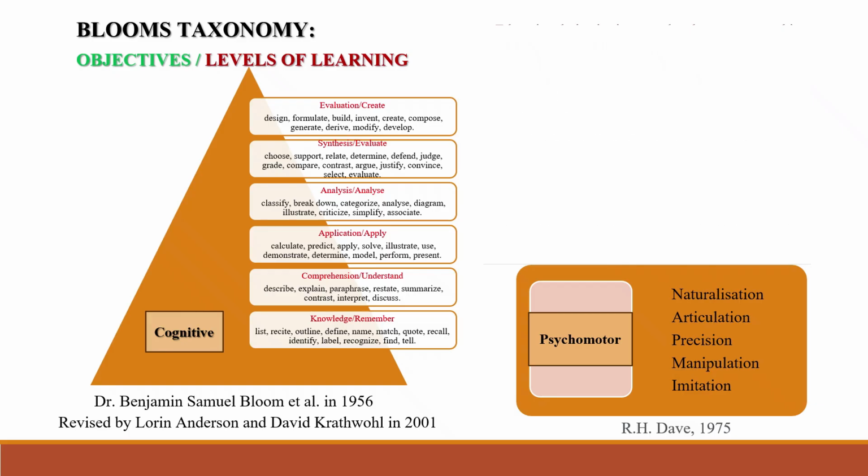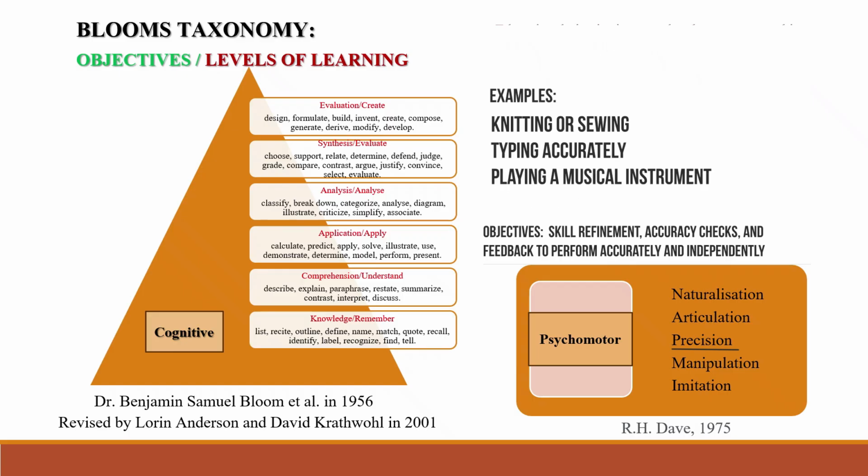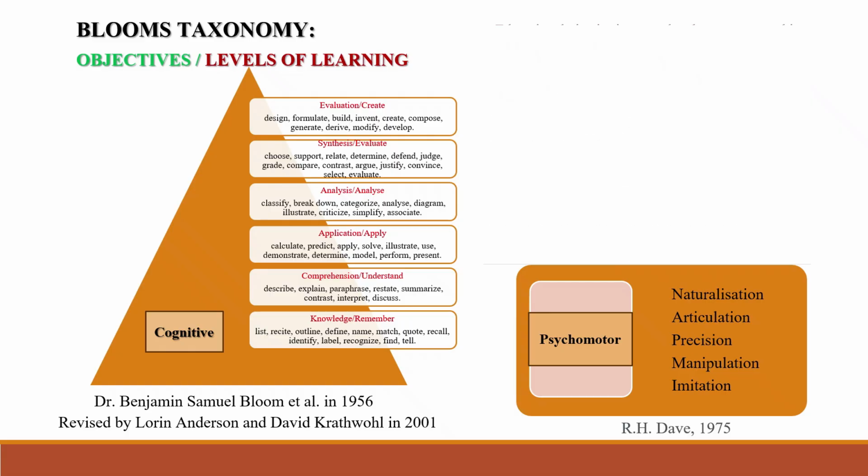And the third level is precision. The goals are skill refinement, accuracy checks, and performance feedback. So here, learners execute motor skills accurately and independently, showing consistency and reduced errors. For example, knitting or sewing, typing accurately, playing a musical instrument with proper technique, etc. Now, the fourth level, articulation.